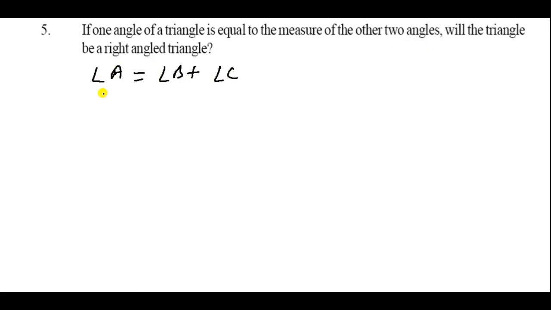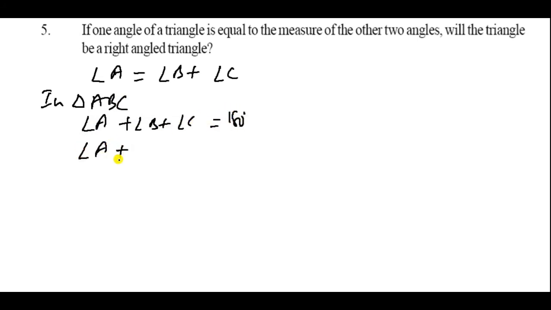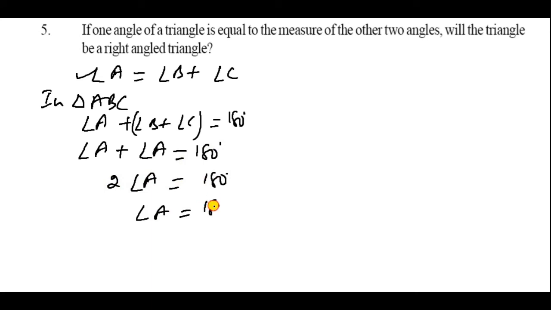Okay, now what will happen in triangle ABC? Angle A plus angle B plus angle C is equal to 180 degrees. But angle B plus angle C is equal to angle A. So you can write here angle A plus angle A is 180 degrees. So 2 times angle A is equal to 180 degrees. So angle A is equal to 180 degrees divided by 2, so it becomes 90 degrees.